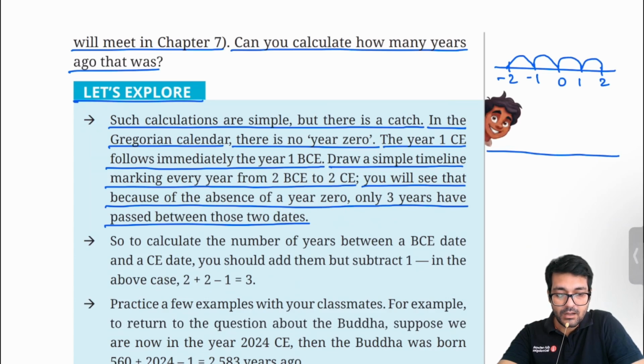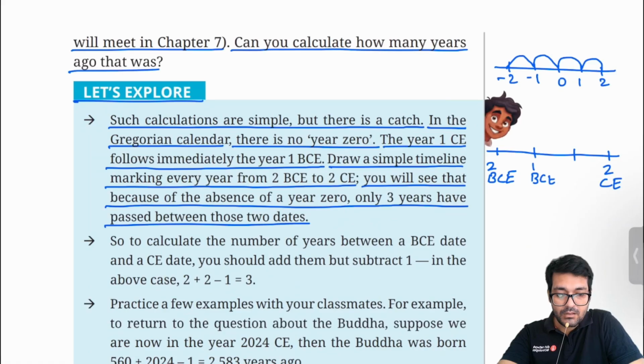If you make a timeline like this from 2 BCE to 2 CE, you will note that there is no year 0.